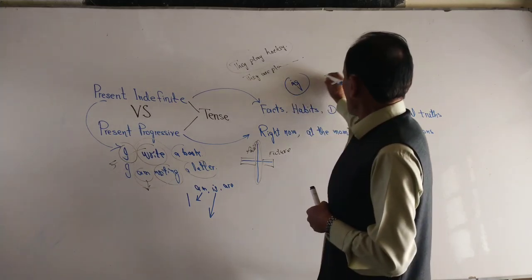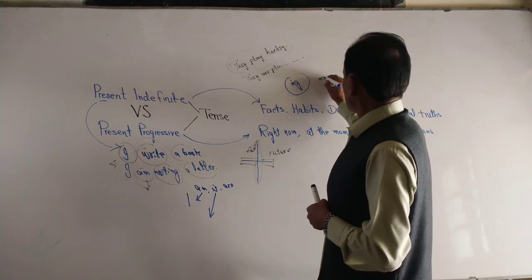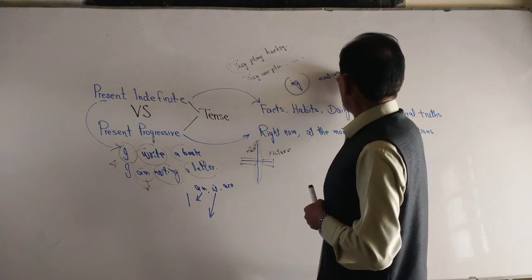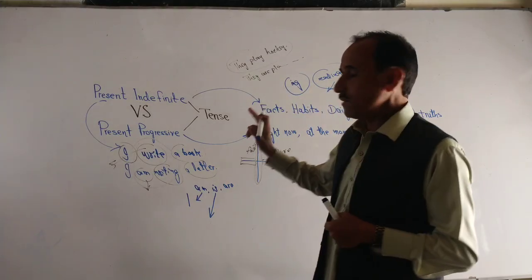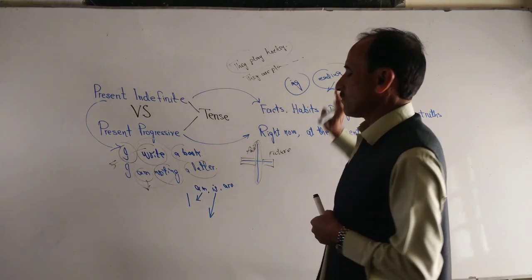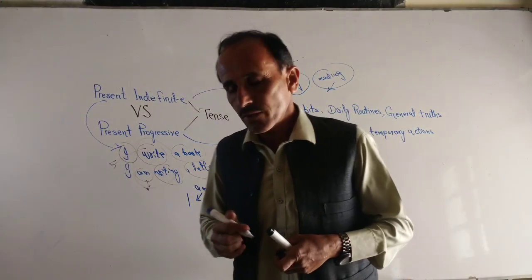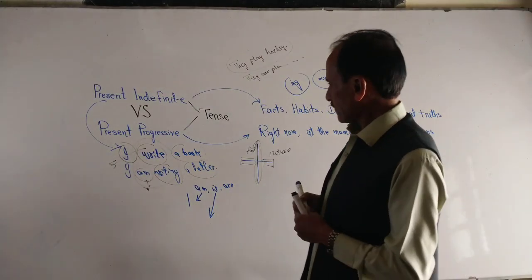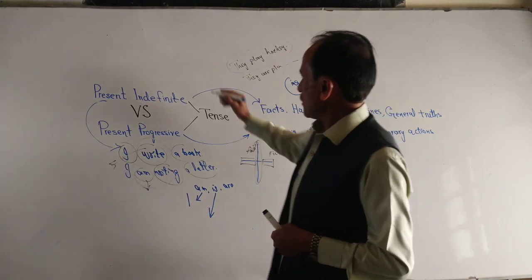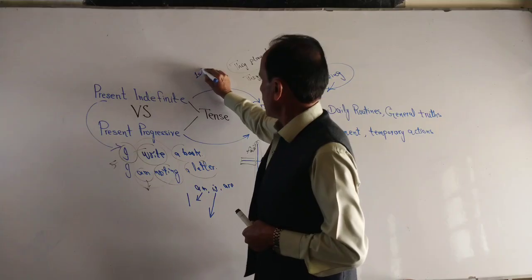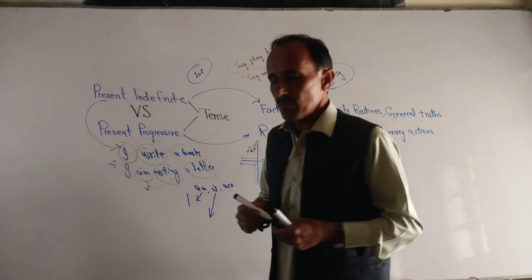With the main verb, how to add ing? For example, read, reading. It is also called the fourth form of a verb, or the present participle form of the verb. And in present indefinite tense, we use the base form or first form of the verb.